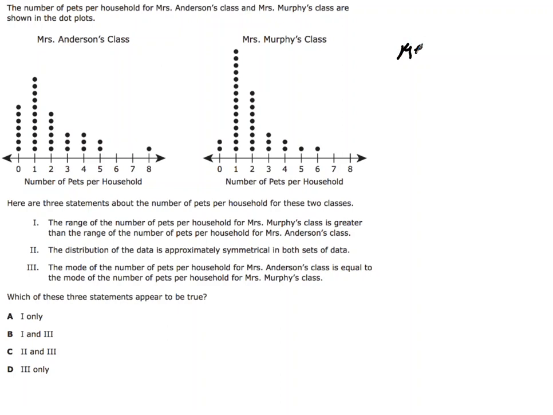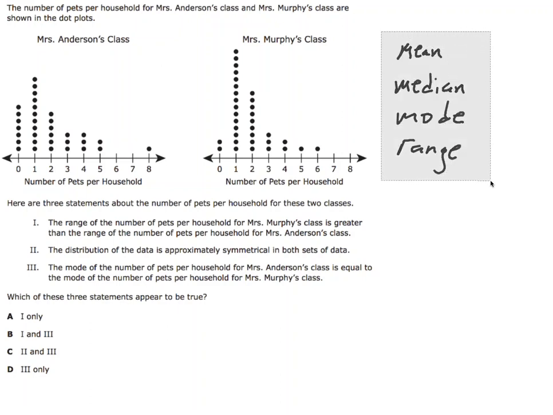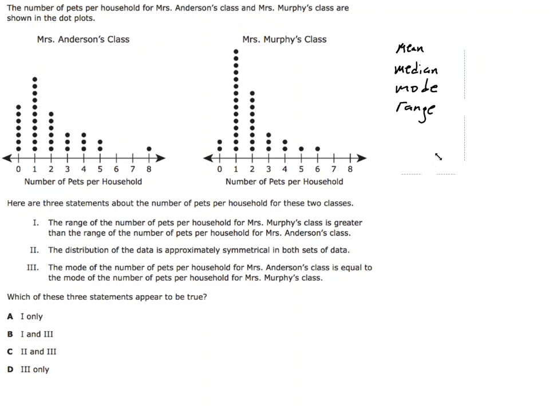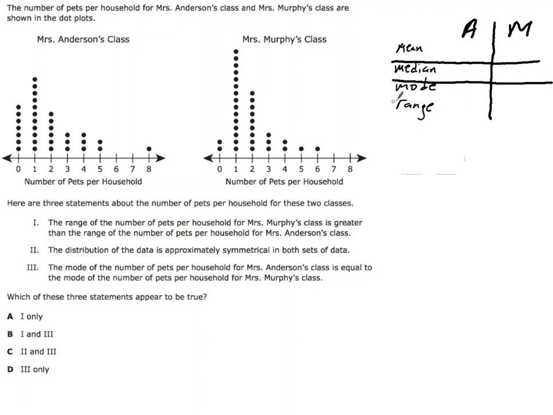We got to do the mean, the median, the mode, and the range for Mrs. Anderson's class and Mrs. Murphy's class. So I'm building a data table.